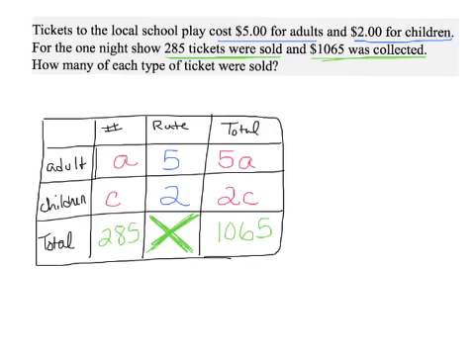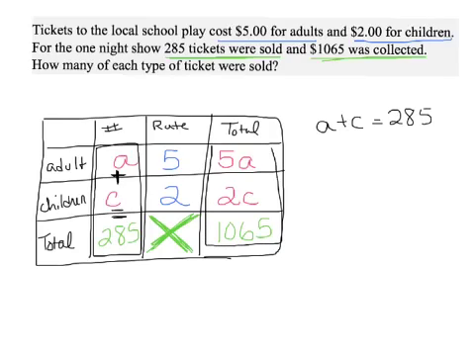I'm going to set up my two equations using the same process I did for the other mixture problems, where in this first column, I can say that A plus C is going to equal 285. And then for my second equation, because I've got two variables, so I need two equations, I'm going to use this 5A plus 2C is equal to 1065.